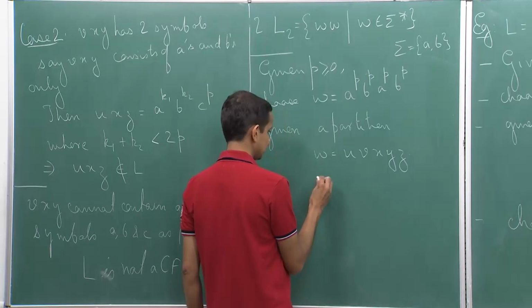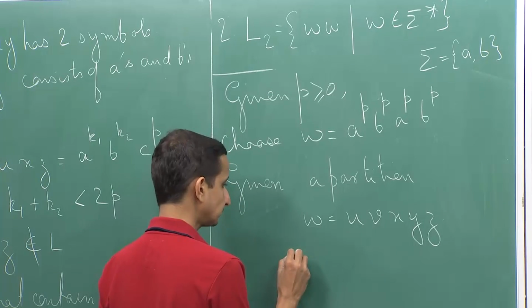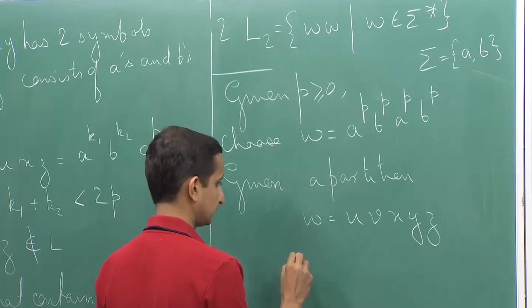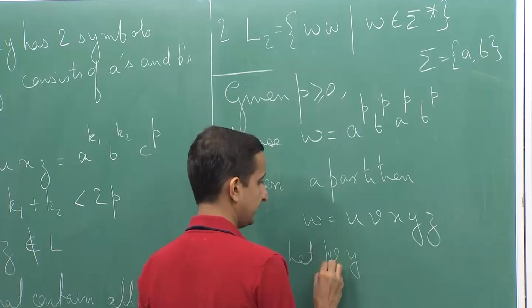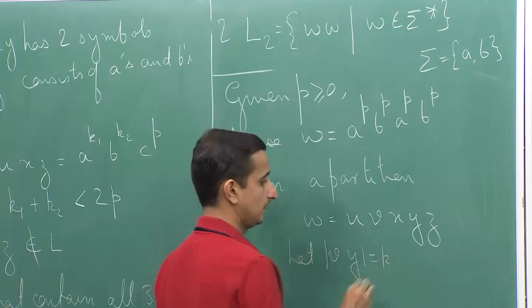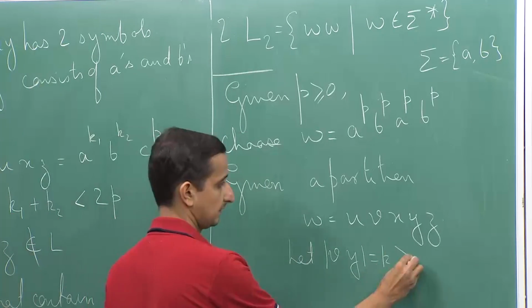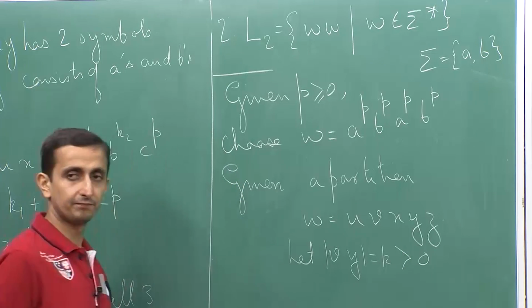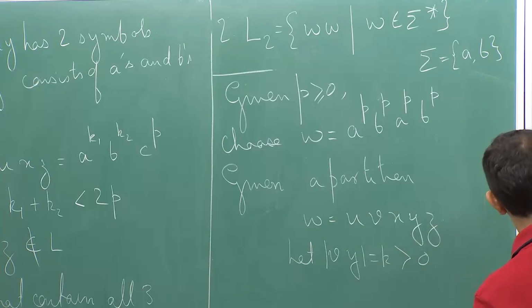Suppose let vy be equal to k. We know that k is strictly greater than 0. Once again let us do a case analysis.